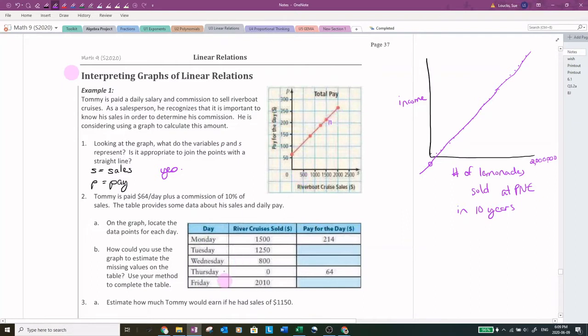All right. On Tuesday, he has $1,250 worth of cruises, so that would be halfway between 1,000 and 1,500, so we're going to go up. There's the dot. Now, to read this one across here, because we haven't been given it, we need to draw a line that starts right in the middle of this dot and goes over here.